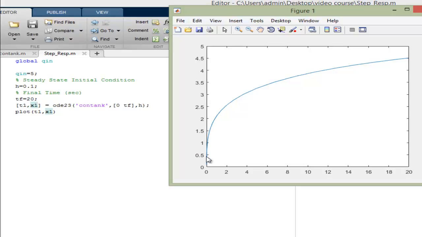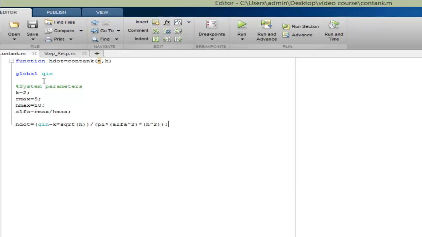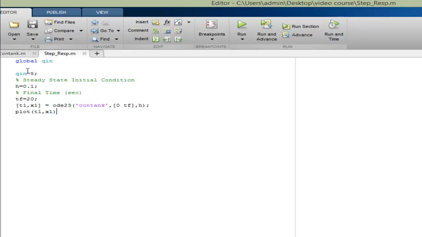Your level increases from 0.1. This is the dynamic behavior of this nonlinear system. This way you can use MATLAB to simulate your nonlinear equations. Even if you have a multi-input, multi-output case, you can simulate them like this, and the corresponding inputs you can declare here and call them using ODE23.